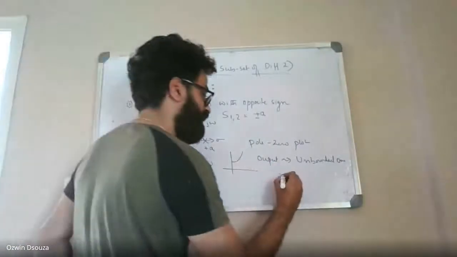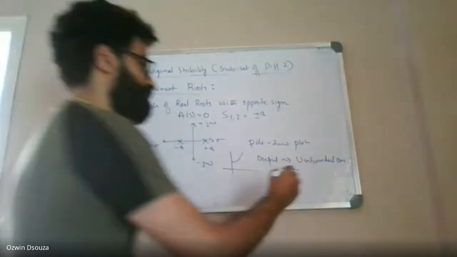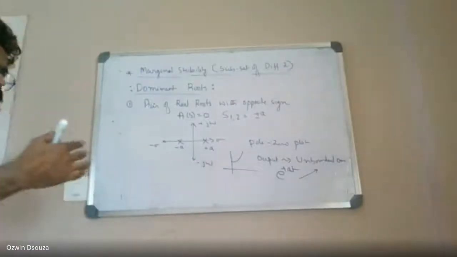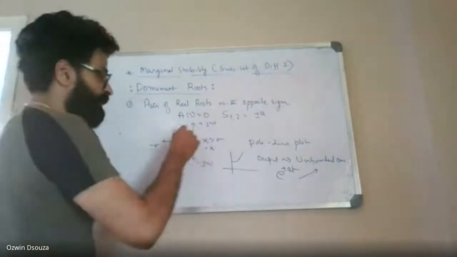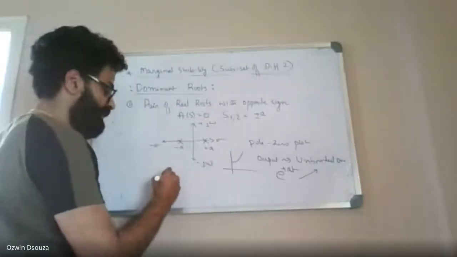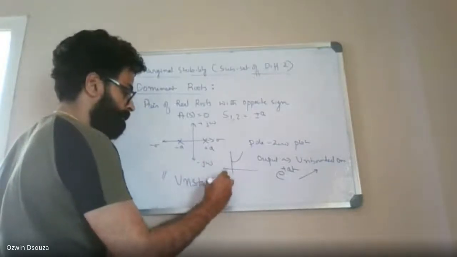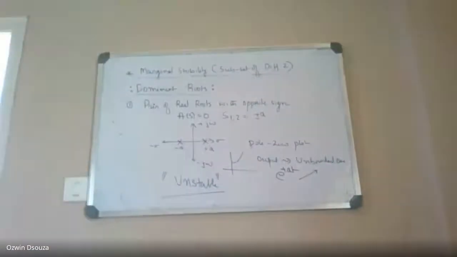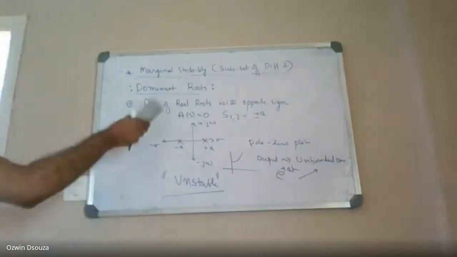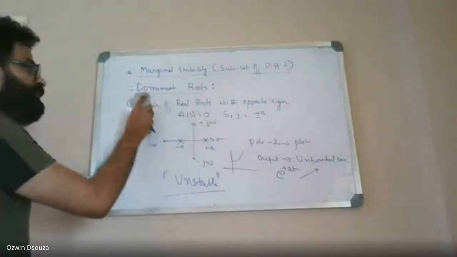You will get an e to the power plus at term in your C of t expression, which keeps increasing as time approaches infinity. So if you get a pair of real roots with opposite sign, your system is unstable. That is the first possibility for dominant roots.